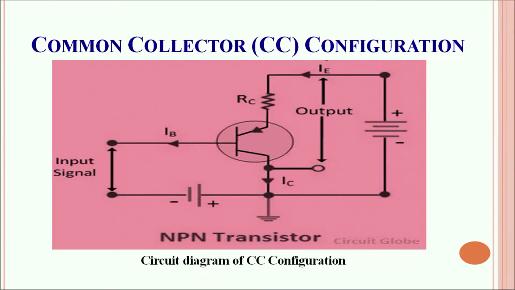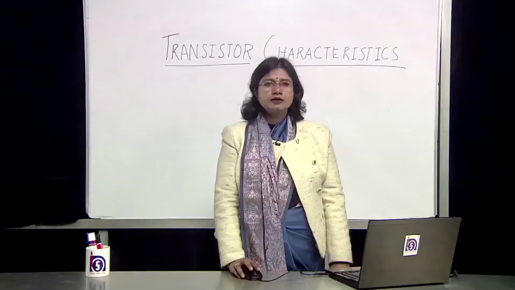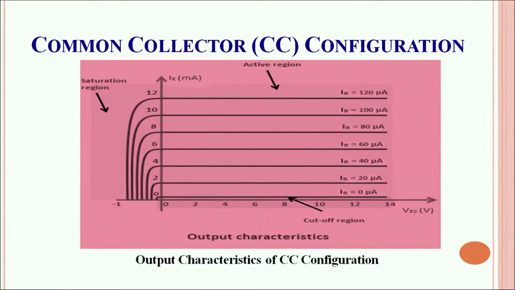Let's have a look at the output characteristics of the common collector configuration. This is the output characteristic of the common collector configuration. What we plot over here is the emitter current as a function of the output voltage.